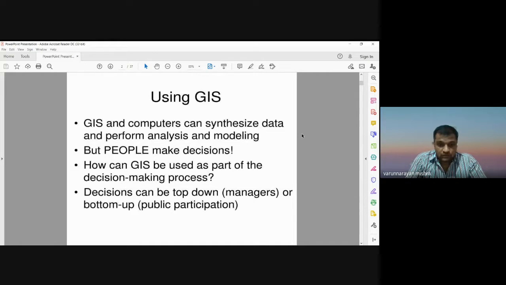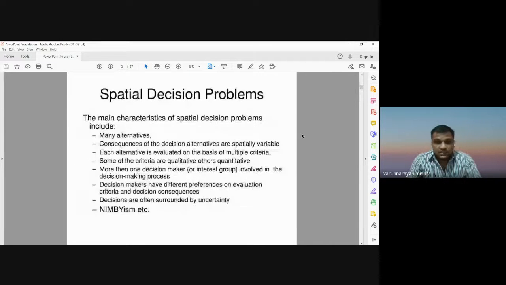So in both ways we can make decisions, either from top to bottom or from bottom to up. And you are all very well aware of the GIS technology, how it works, what the components of GIS are, and how many types of GIS data sets are used in practice in the current scenario.